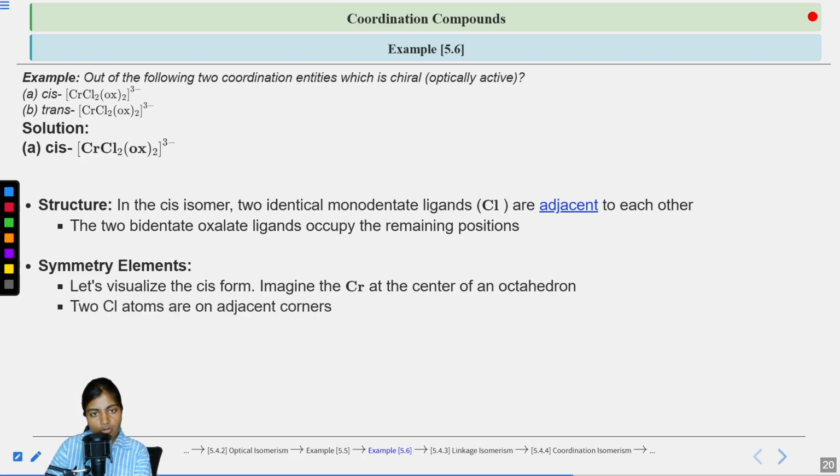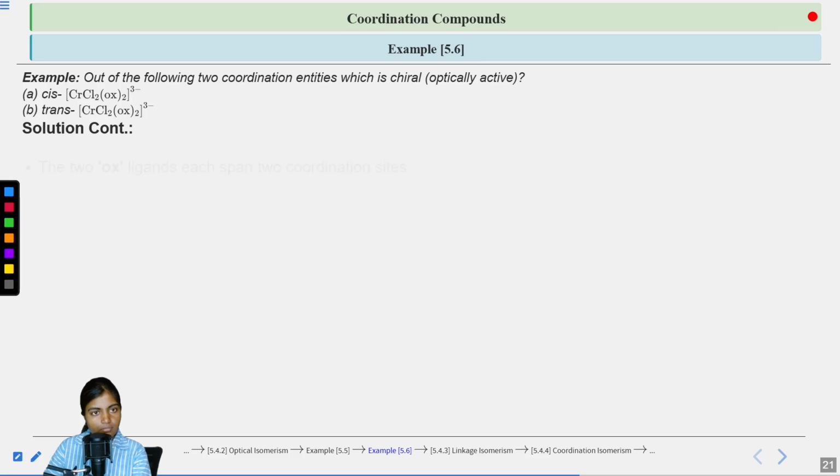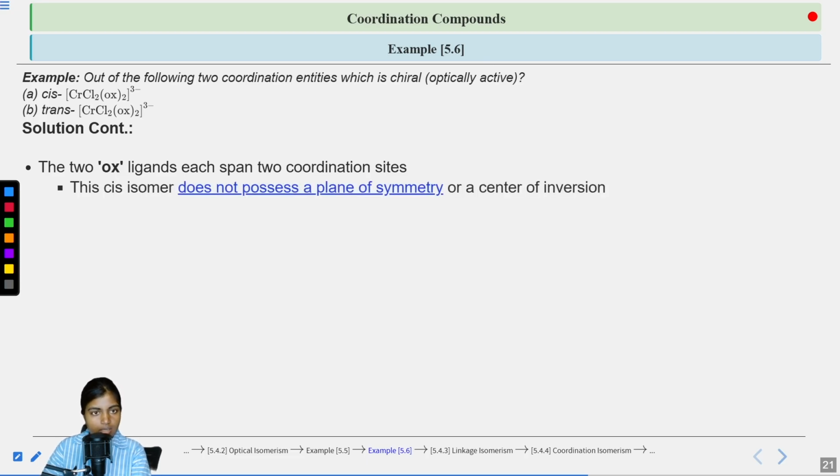Now two chlorine atoms are going to be on the adjacent corners of the octahedron. The two oxalate bidentate ligands each span two coordination sites, the remaining sites. And this cis isomer does not possess a plane of symmetry or a center of inversion. Both types of symmetry are not going to be present in this cis isomer.